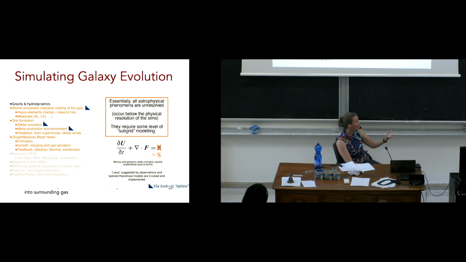So that's what people then often call subgrid modeling, and that includes all these processes like the actual cooling of the gas, star formation, and supermassive black hole formation, and feedback. So basically all of those then get an effective model quite similar to these simple rate equations that I showed you for the semi-analytic models already.